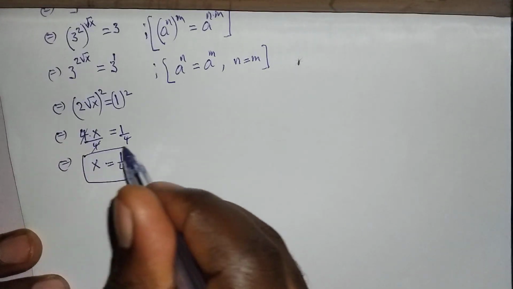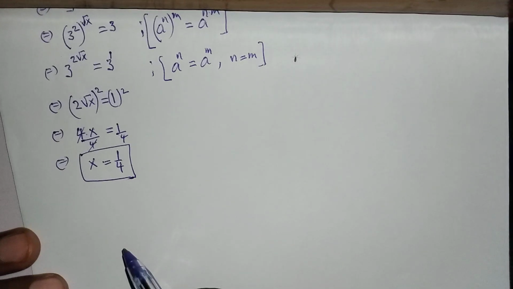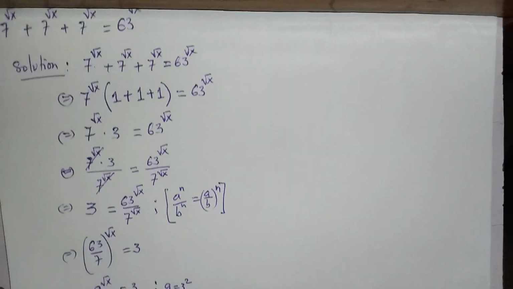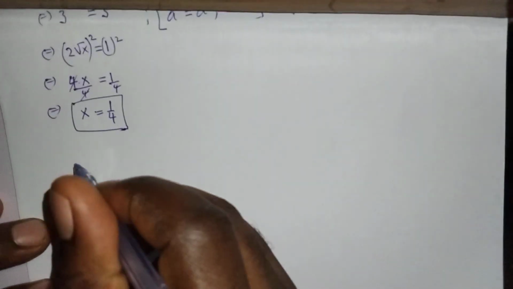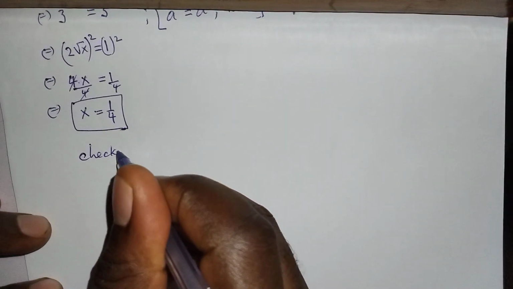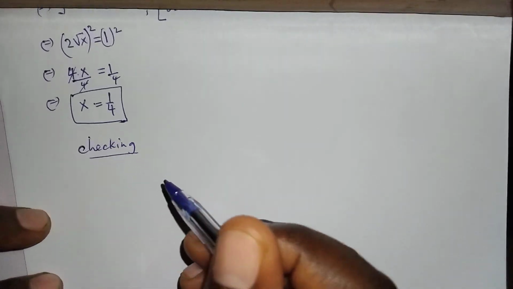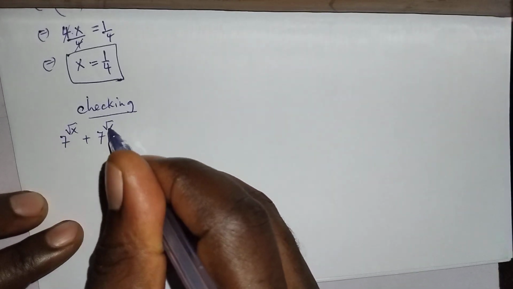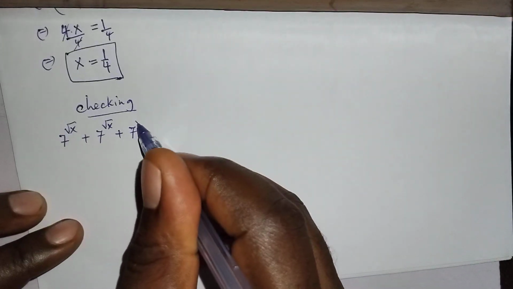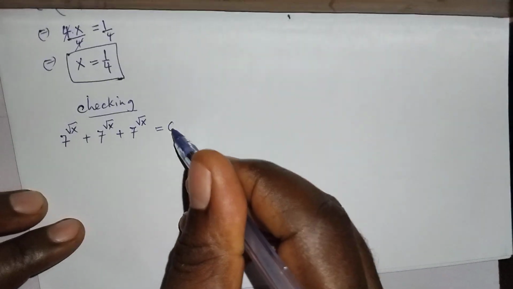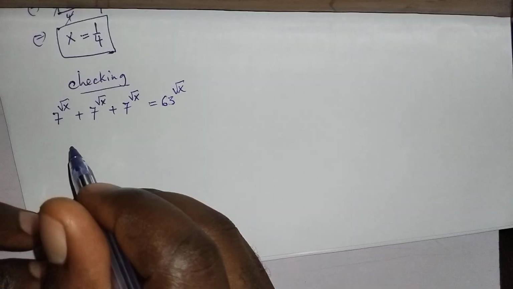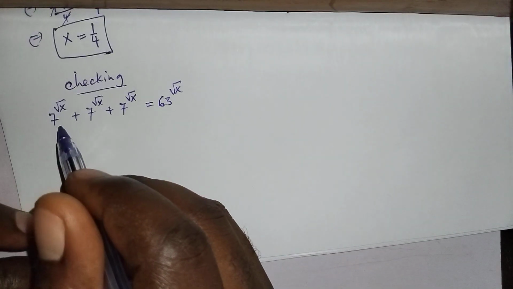This is the value of x of this equation. So let's check. Checking: (7 + √x) + (7 + √x) + (7 + √x) = 63 + √x. x is equal to 1 over 4.